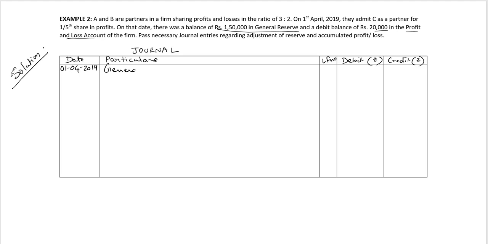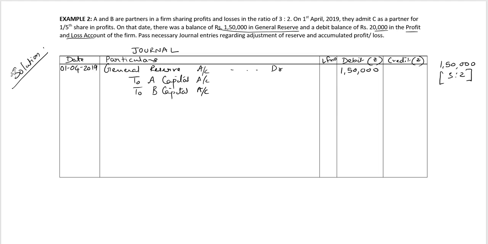1st April 2019, general reserve account debit 1,50,000 rupees to A capital account, to B capital account. 1,50,000 rupees to be distributed between A and B in their old profit sharing ratio.